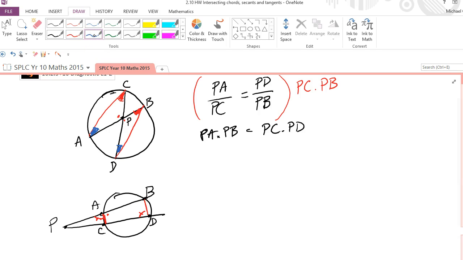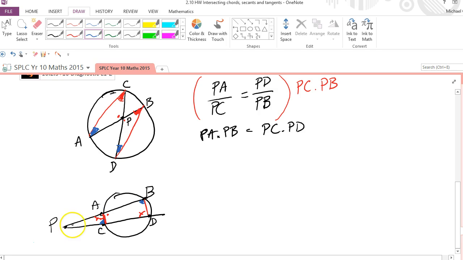Well, I could use the same theory to find out that this angle here at B, I'm just going to colour it blue, must be the same as that angle there by the same scenario. Opposite angles in a cyclic quadrilateral are supplementary, and therefore PCA is going to be the same as PBD.